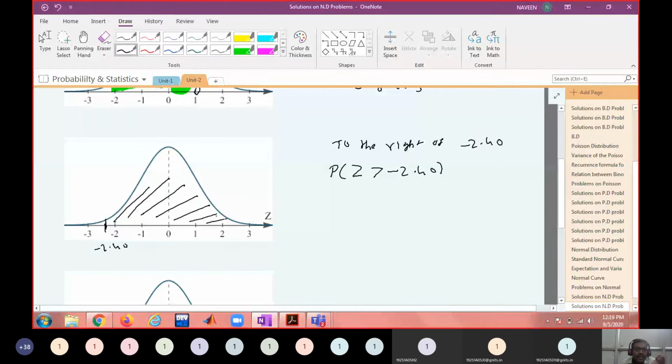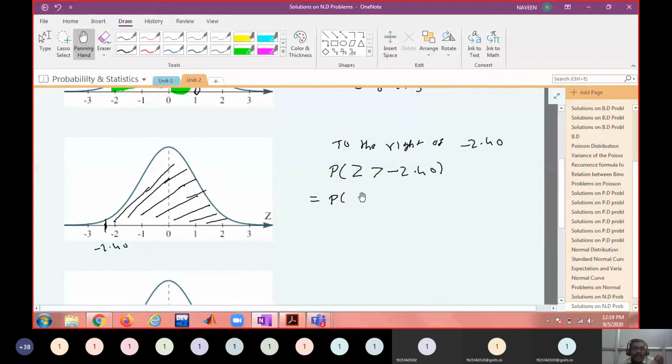So first we shall split this. How do we split this? This right of minus 2.40 is nothing but the probability of the area from minus 2.40 to 0, and 0 onwards.